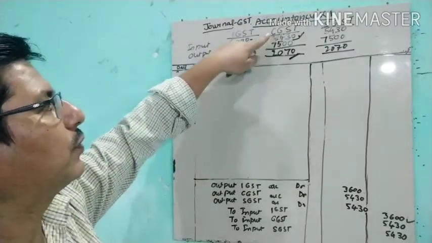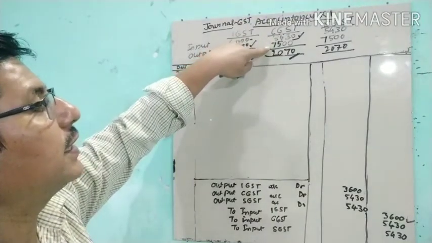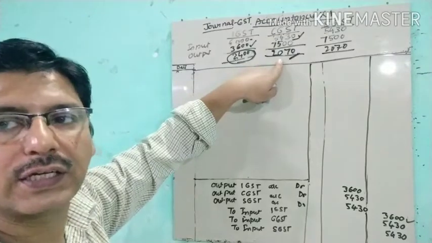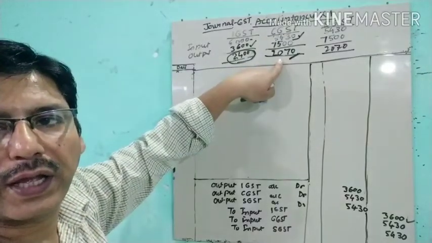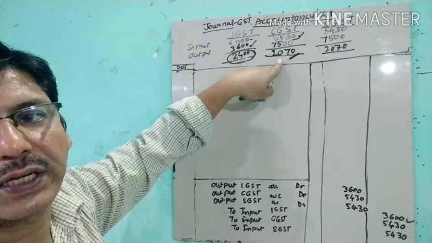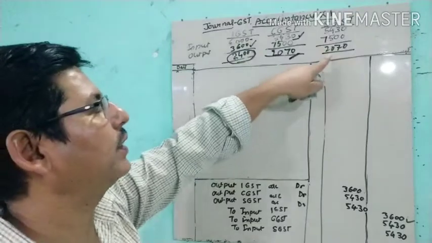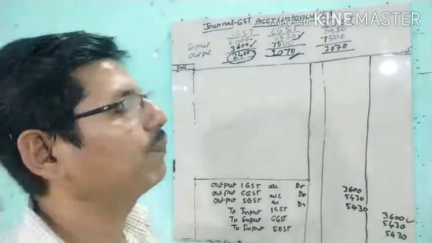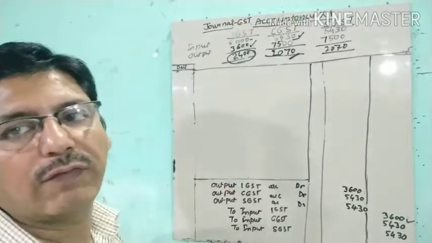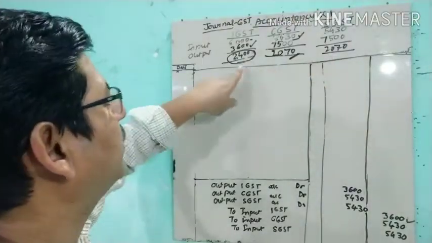Here 5,430 we paid, and that is adjusted against what we received. 2,070 still remains, that is, we collected more than what we paid. Here also 2,070 is the extra amount we received by sale over what we paid. This amount we have to pay to the government and this we have to receive.